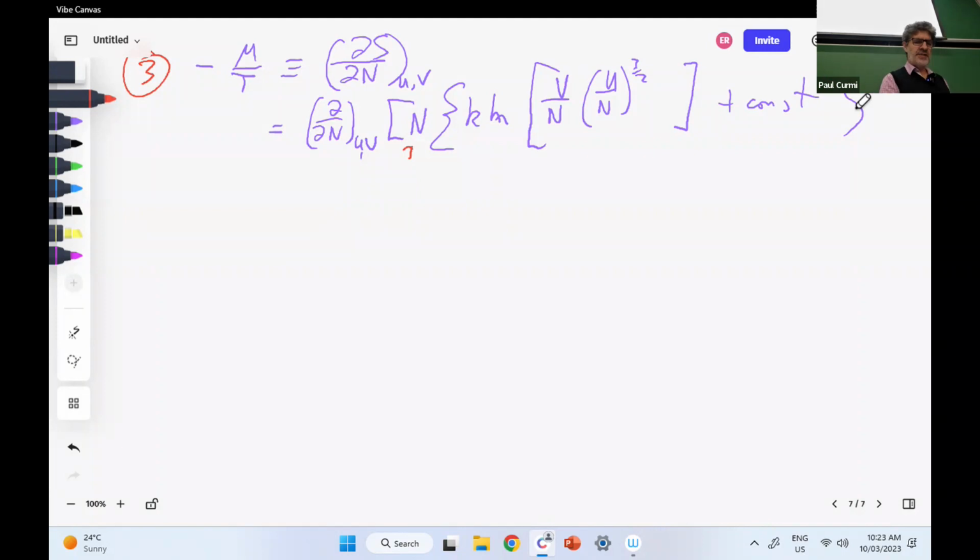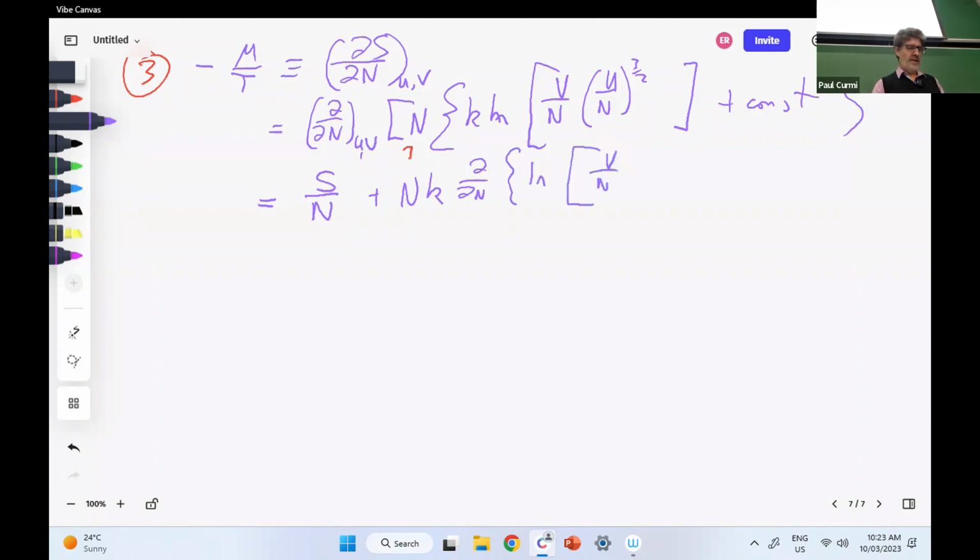If I differentiate this, it is equal to the entropy divided by N plus Nk d/dN of ln of V over N, U over N to the 3/2. If I differentiate this through, I end up with entropy over N minus 5/2 k.